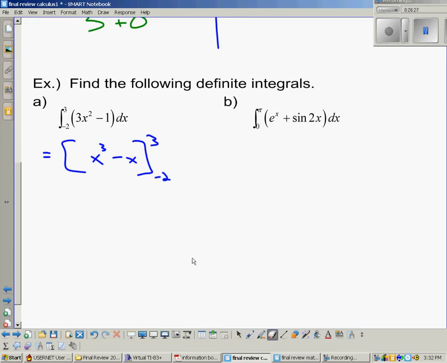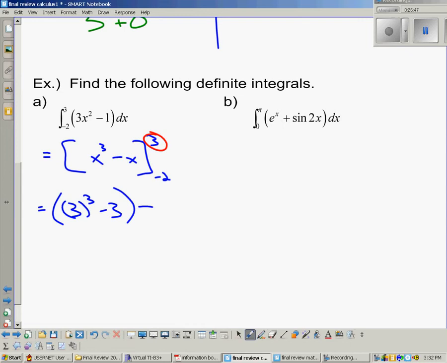It's all good. Now what I've got to do is plug in the 3 to this expression, the x cubed minus x. That's going to give me 3 cubed minus 3.